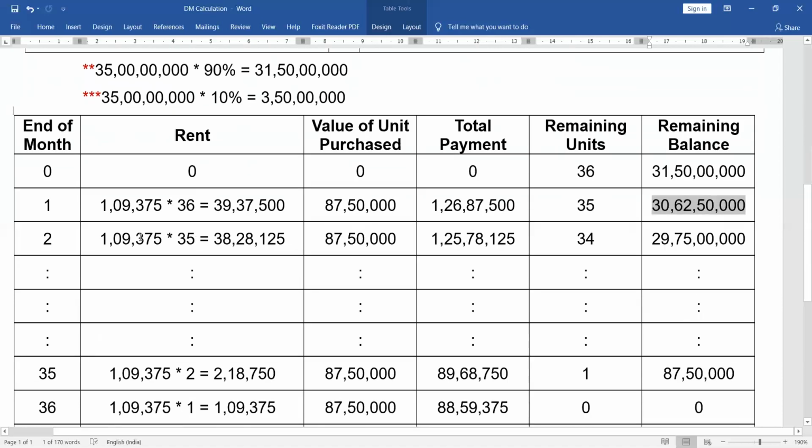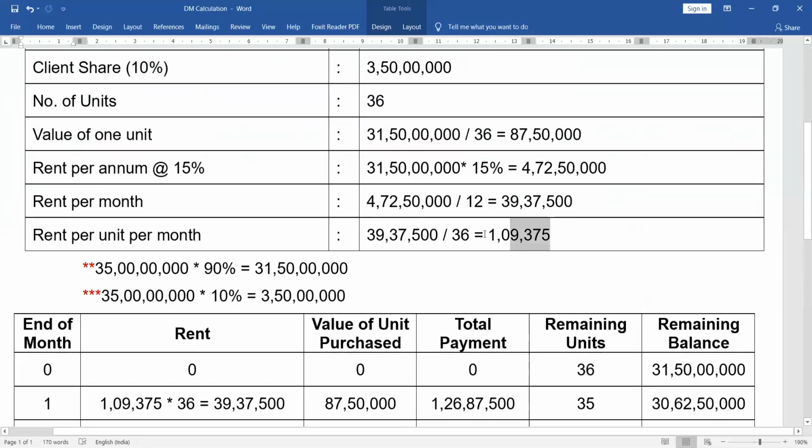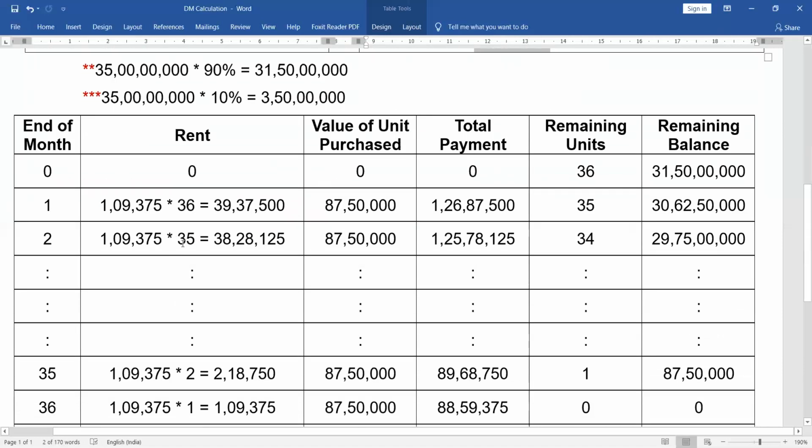So for the next month, the second month, again the rent is 1,09,375, which we have already calculated as rent per unit per month. Now it is 35 units because one unit has already been purchased by the customer.